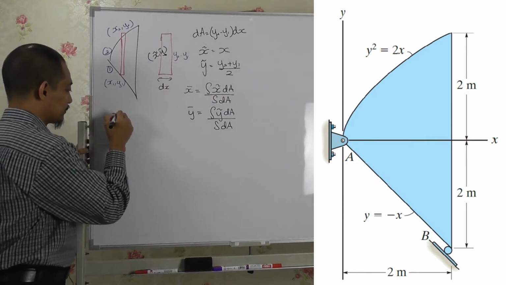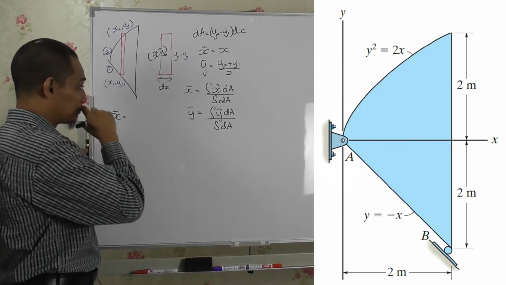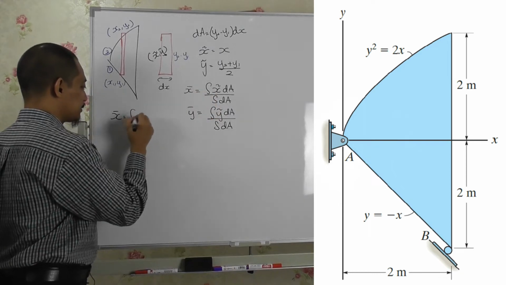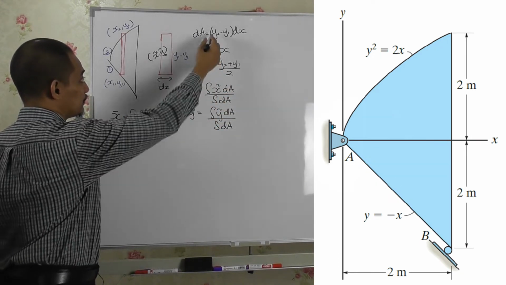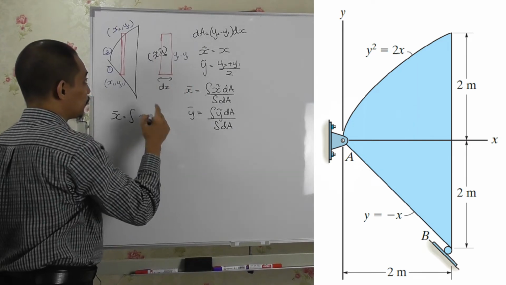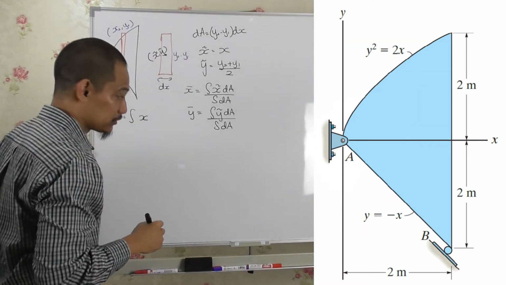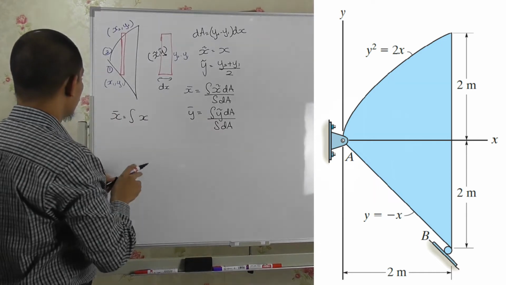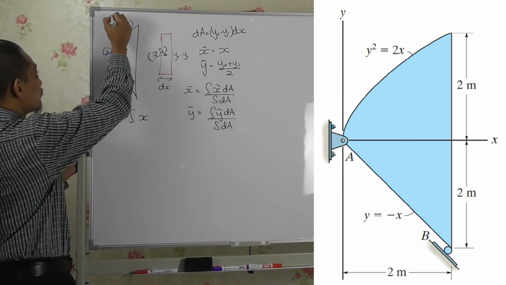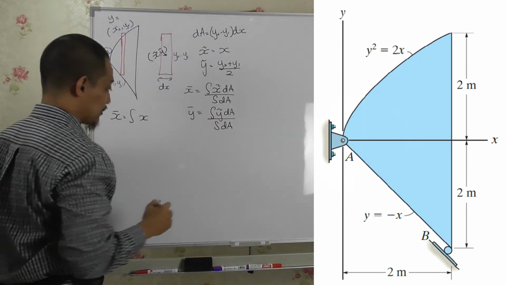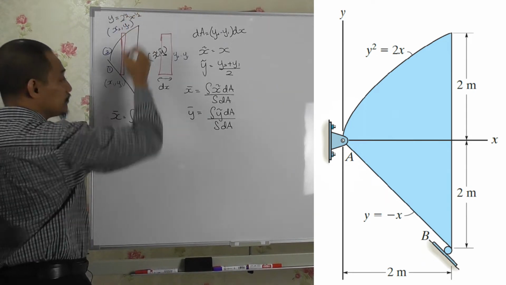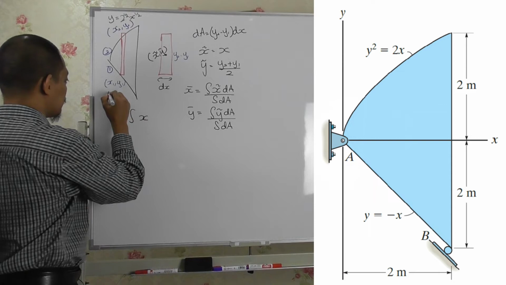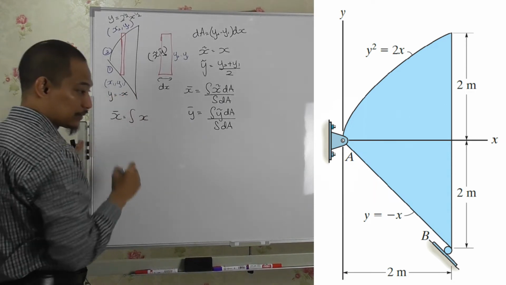Solving for x bar first. x bar equal to integration of x tilde, which is x, times dA. y2 is the square root of 2x, so 2 power of half, x power of half, and then y1 is minus x.